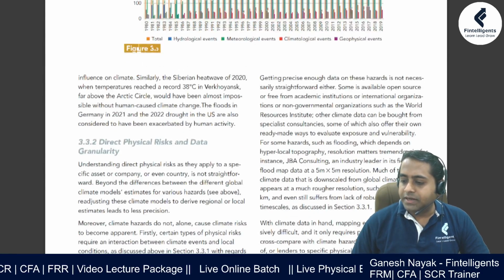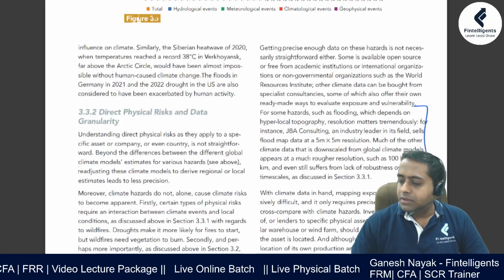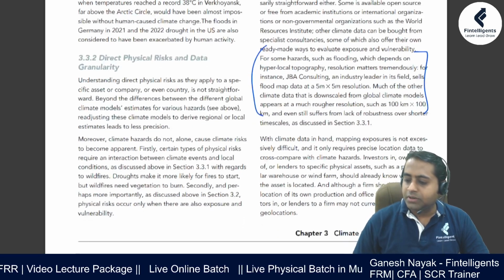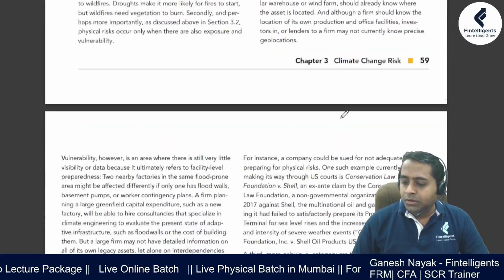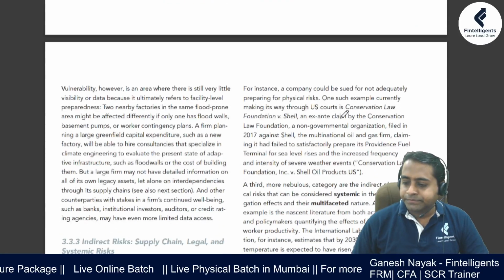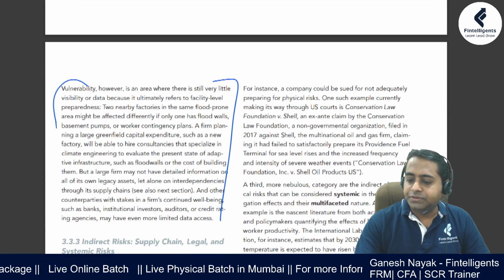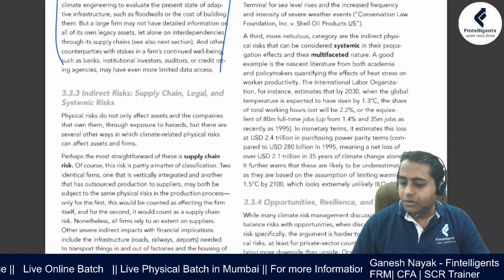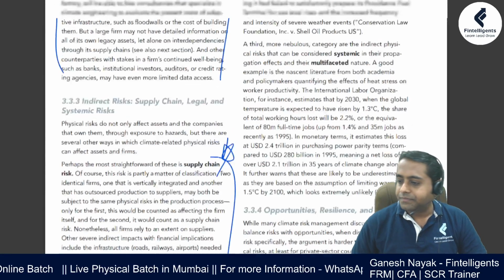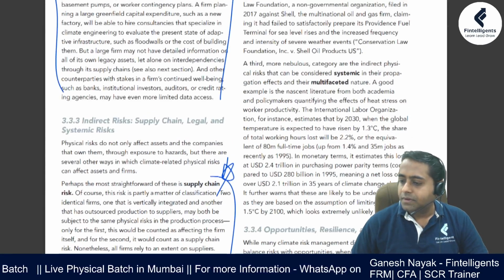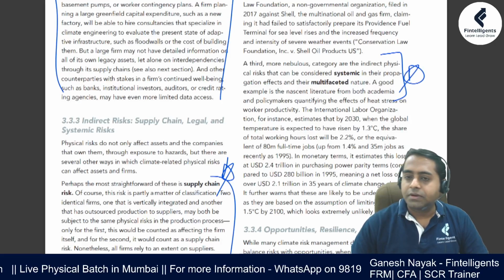Direct physical risk and data granularity. This section is important. Also mark this section. Supply chain risk, mark this with a star. This small part over here.